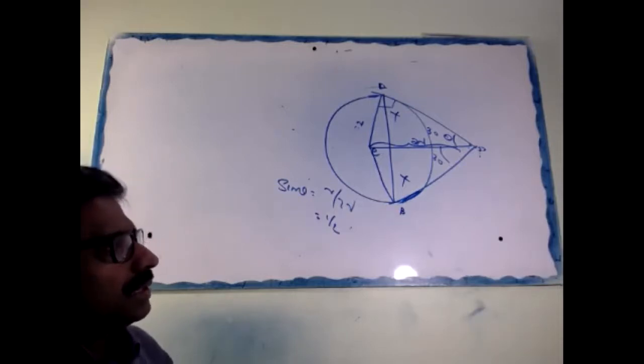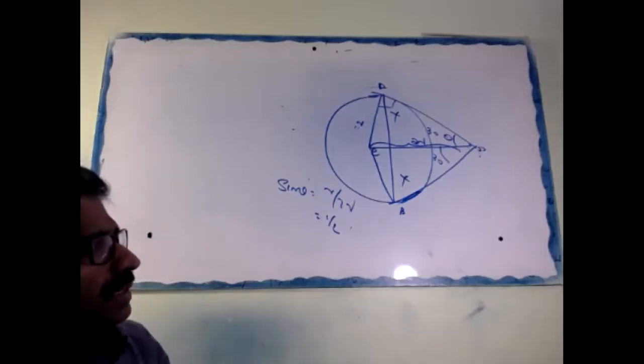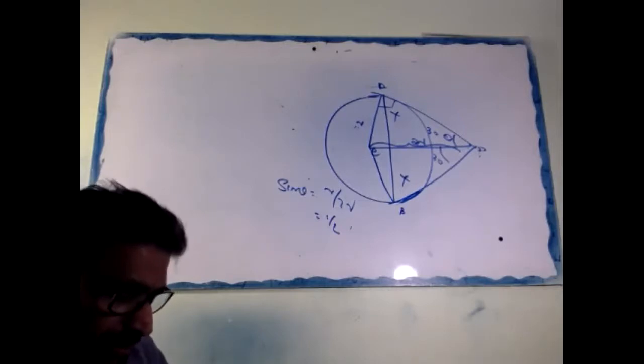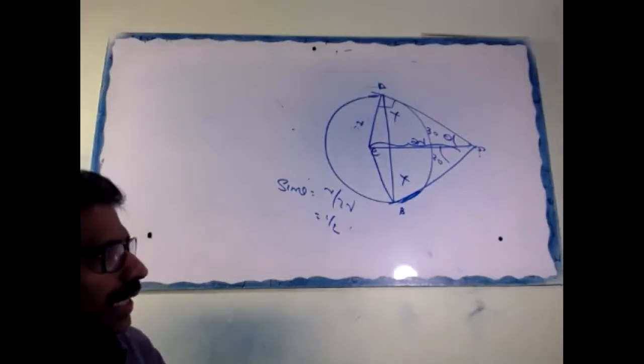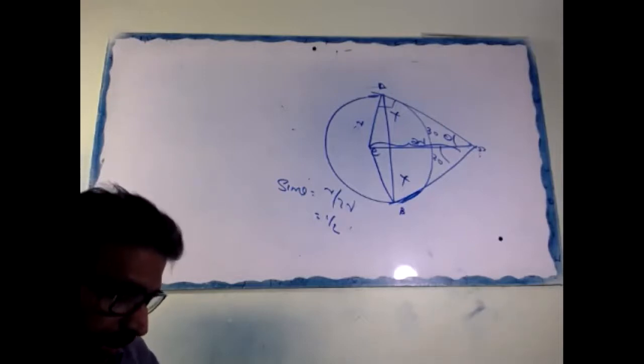Then x plus x plus 60 equal to 180, by the angle sum property of a triangle. So x equal to 60. Therefore, PAB is an equilateral triangle.